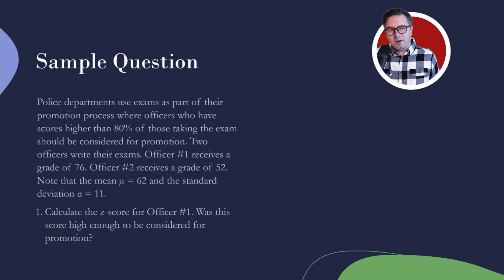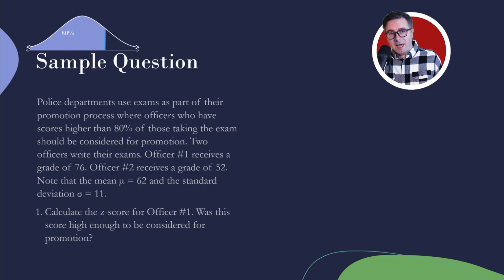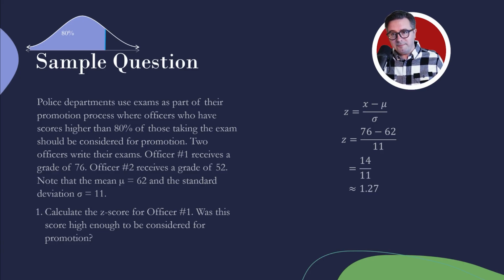First, if we think about our bell curve, we think about what would be 80%, and we can figure out what that value is. Before we get into that value, let's calculate the z-score for officer number 1. Remember, to find z, it's x minus the population mean, divided by the standard deviation. We plug those values in, and we get about 1.27.